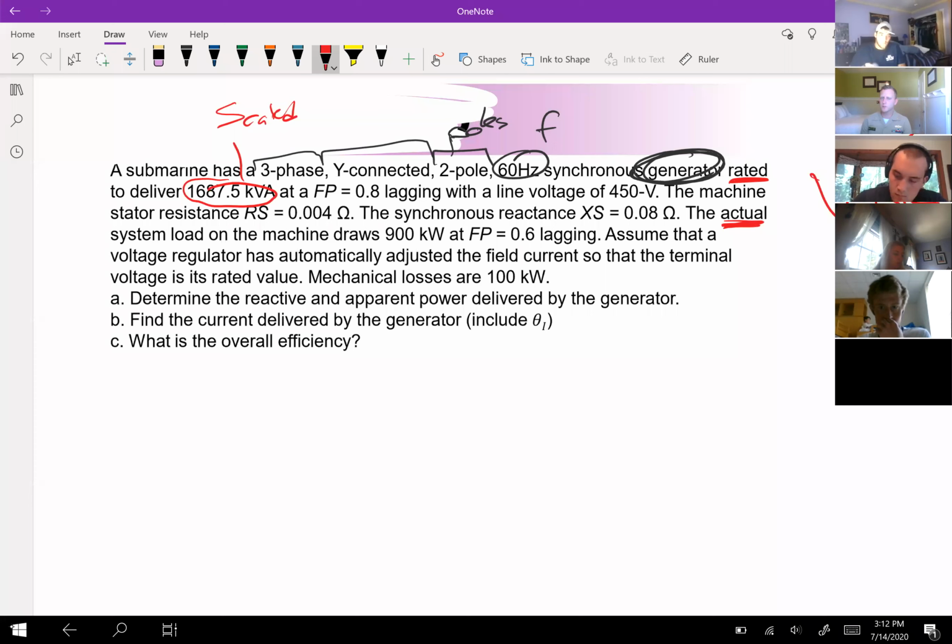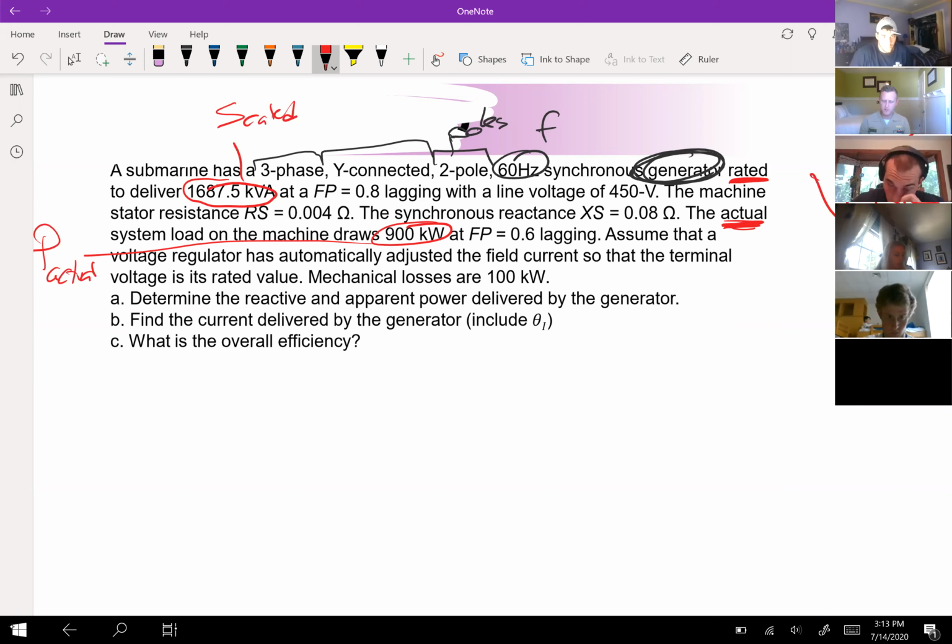But your actual condition, if you're on the highway, is about 70, maybe 80 if you have a lead foot. That's the actual condition; it's rated to go higher. So we have to read in the problem which one we're going to use. Because here's S rated, and in the actual load, here's kilowatts, right? And that would be P actual. But either way, it's what's coming out of the generator.